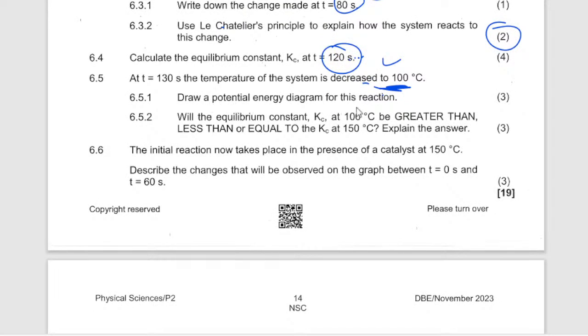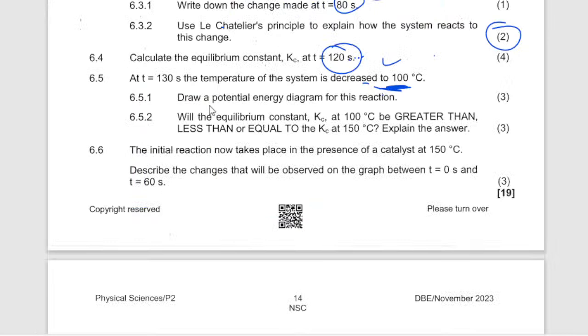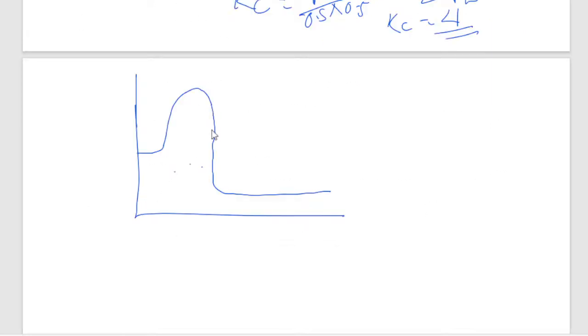Okay, they're saying write down the potential diagram for this reaction. So automatically, if it's exothermic, then the potential diagram, we talk about exothermic, so the energy is lost. Yes, whereby here is gonna be AB, and then here is reaction progress, and here is the potential energy.